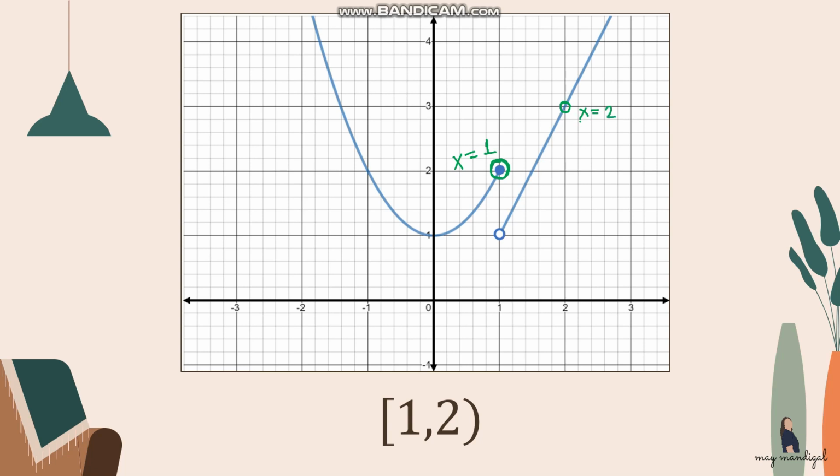Now I have to trace it again, but as we can see, there is a gap here before I can go to x equals 2. Therefore, this is discontinuous on the interval [1, 2).